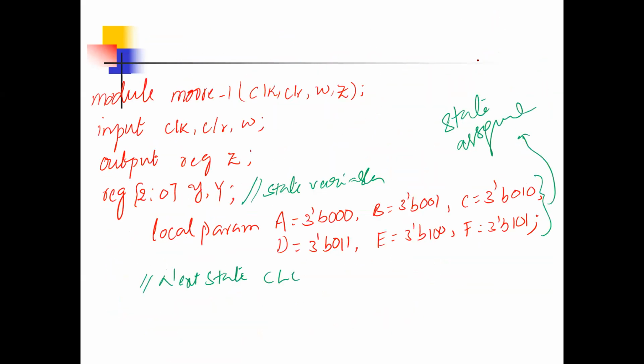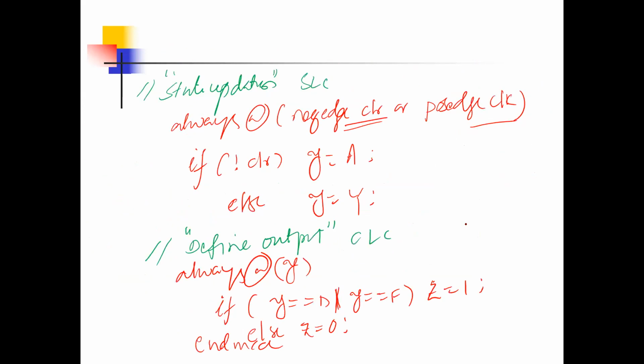First of all, these are the declarations, and local parameters are required to define A, B, C, D. Then you can start the first procedure block for next state, the second procedure block for state updation, and the third block for the output. This is one more state machine. So I think everybody is understanding.